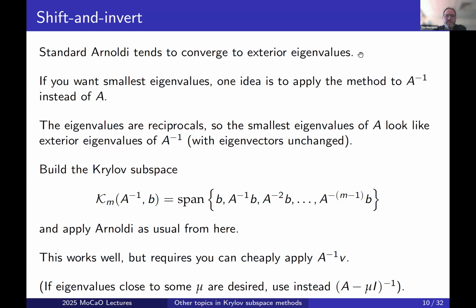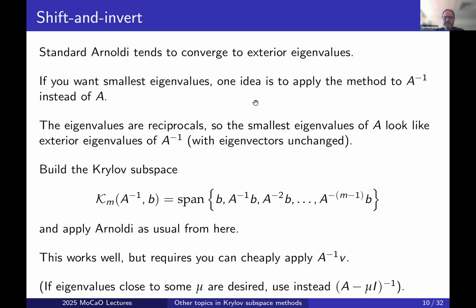And maybe we're able to make a convincing argument that on the basis of that minimization problem, it's going to have to prefer exterior eigenvalues, and the interior ones get left right until the end. Now, maybe that's good. Maybe that is what you want, but suppose it's not, all right? Actually, if you want the smallest eigenvalues, what then?